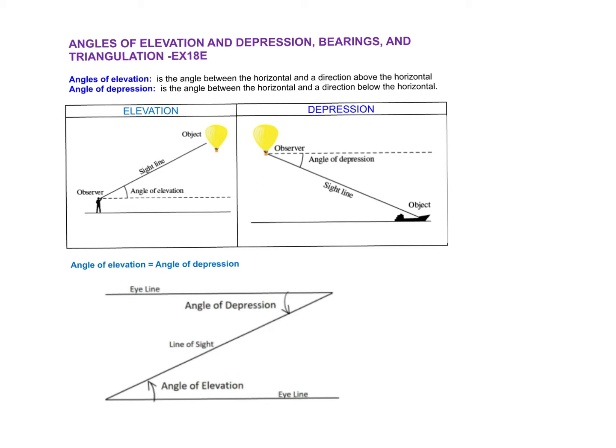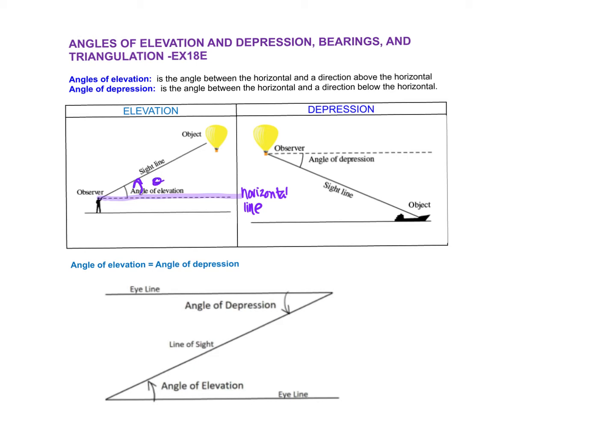The biggest thing to look out for is that the angle of elevation and the depression is measured from the horizontal. So there's the horizontal line, and the angle is moving up from the horizontal line.